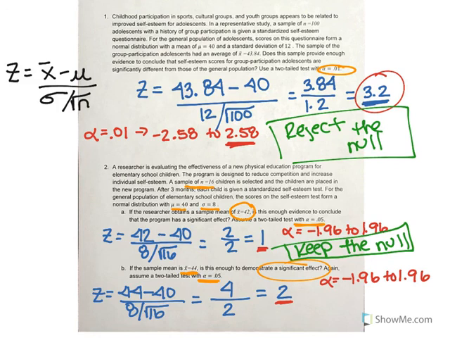So this time, by me just increasing that sample, now we have to reject the null hypothesis. And to answer properly, is this enough to demonstrate a significant effect? Yes. If I increase it from 42 to 44, I now have a significant effect for me to reject the null hypothesis. And this will conclude what we're going to do in Chapter 9.